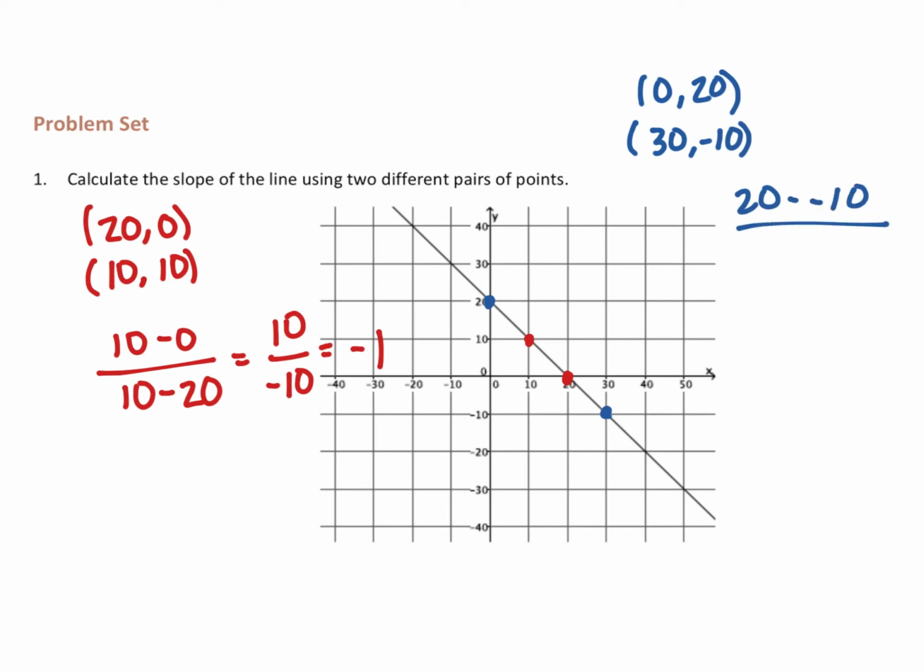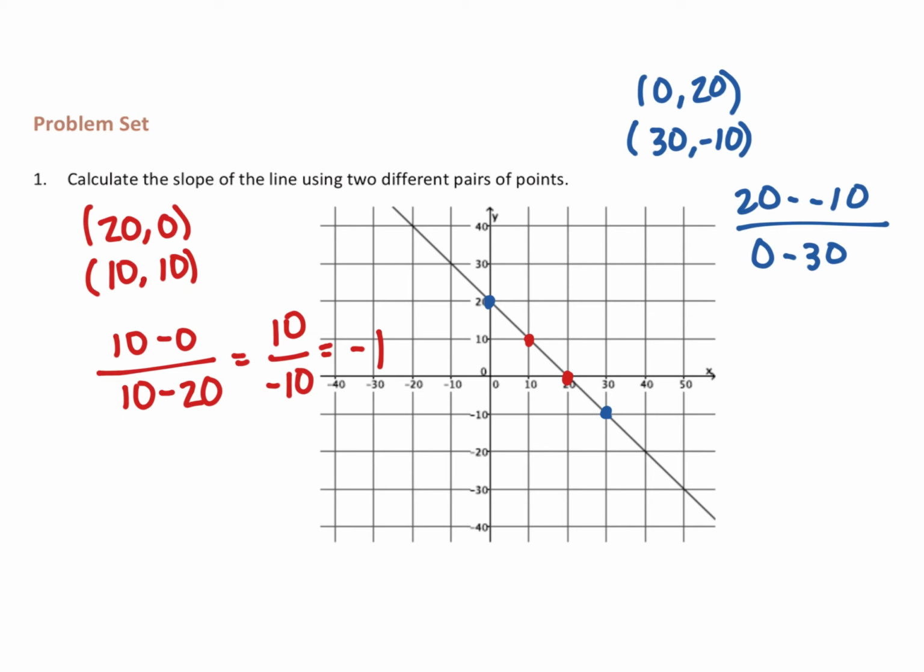Then I need to start with the top point again, since I started with the top. So 0 minus 30. It has to be consistent. So since I started with this one first in the top, I need to start with this point again in the top.